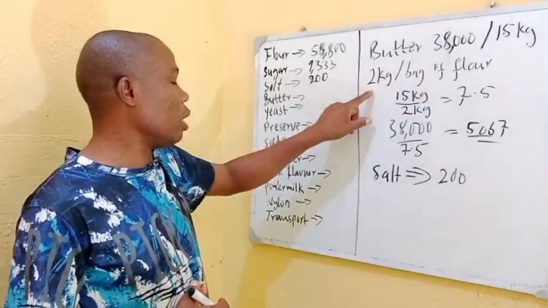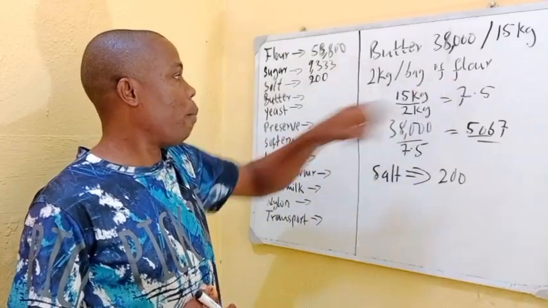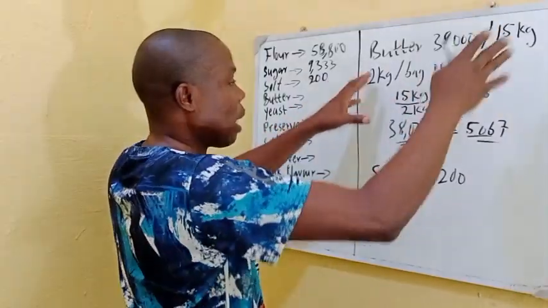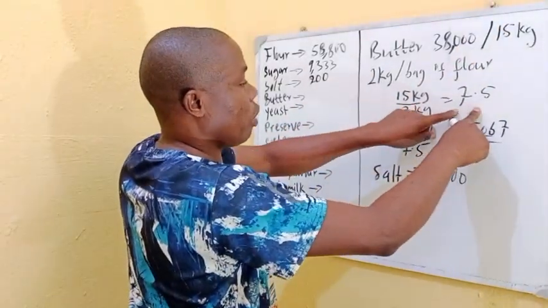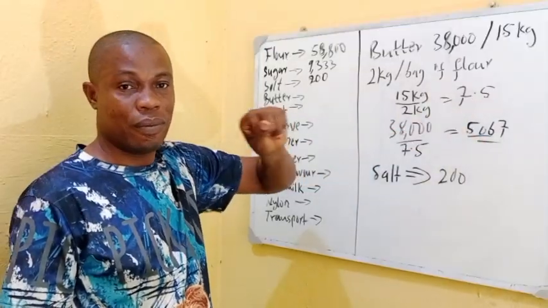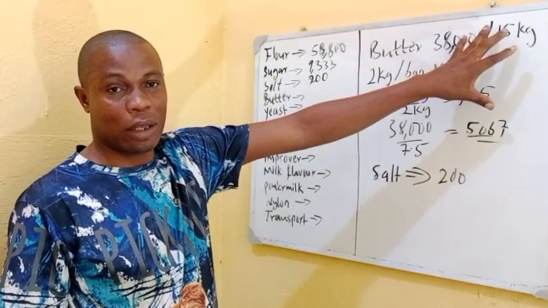So if we use 2 kg of butter for 1 bag of flour, that means we divide the 15 kg, which is 1 carton, by 2 kg to give us 7.5, that means about 7 and a half bags for a carton.